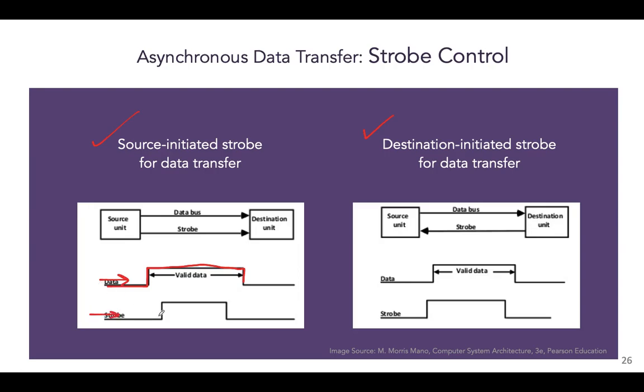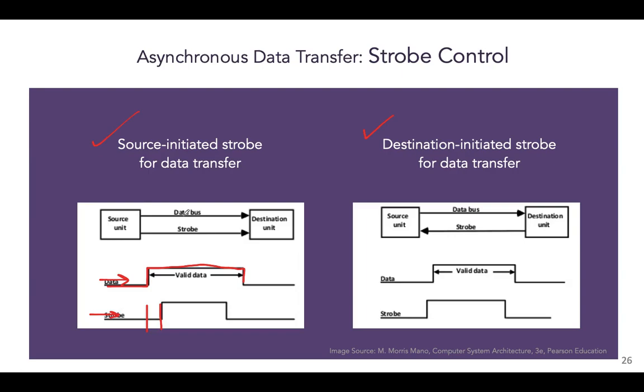The strobe starts a small time unit after the actual start of the data. The data started here and the strobe comes a bit later. The idea of the strobe is to indicate to the destination unit that the source unit has placed some valid data on the data bus. That is the idea of the strobe pulse. So how this happens is, the source wants to send some data to the destination.